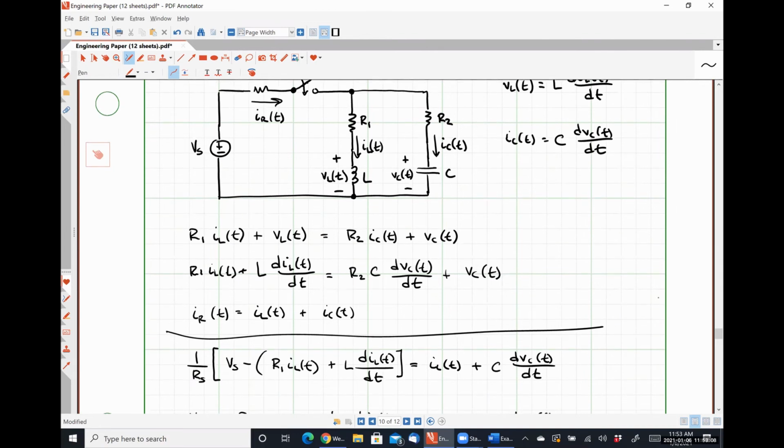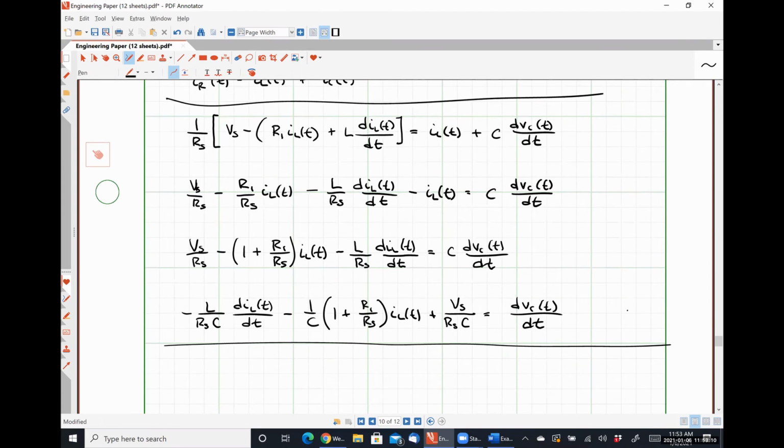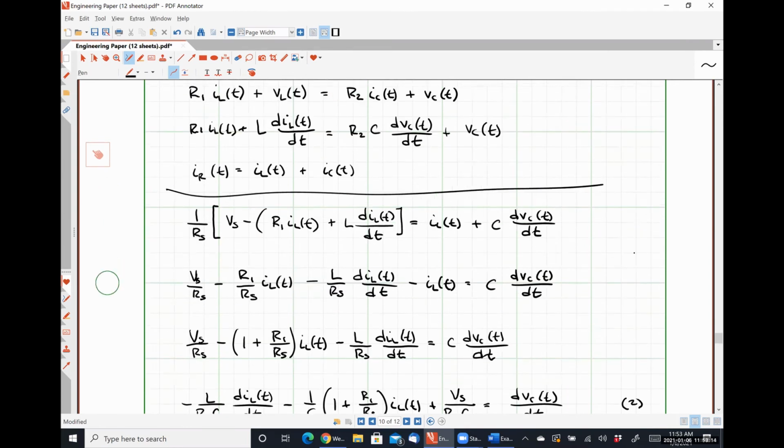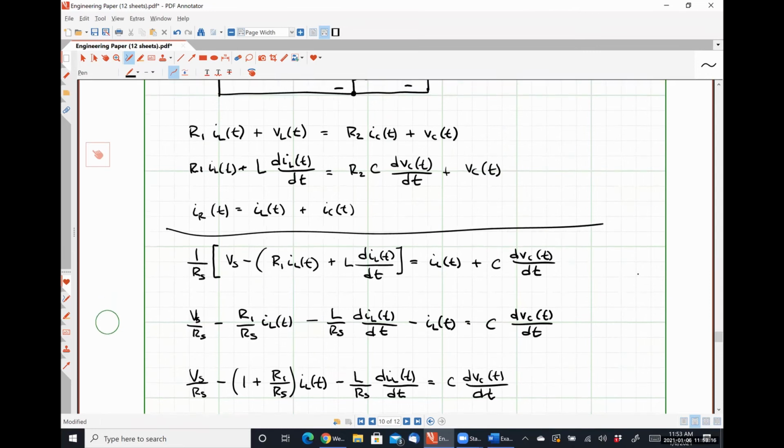All right, so I'm going to call this guy down here equation 2, and I am going to attempt to substitute equation 2 into this guy right here, which is equation 1.